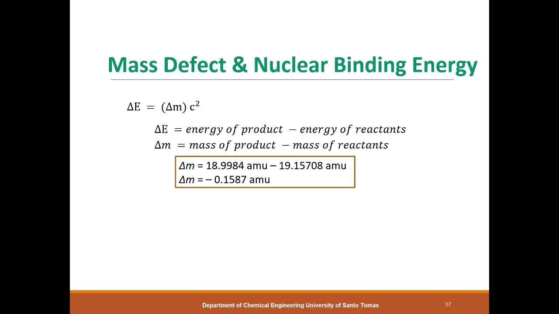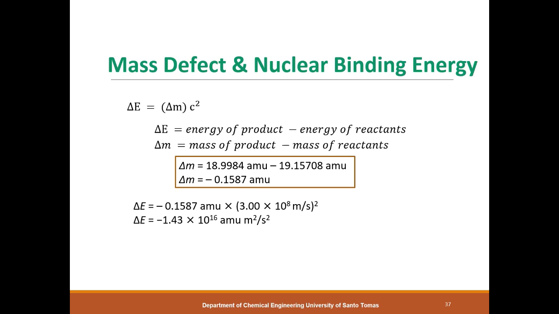So we calculate delta E as follows. Delta E is equal to negative 0.1587 atomic mass unit times the speed of light squared. Okay? Thus, we have a negative 1.43 times 10 to the 16 atomic mass unit meter squared per second squared.